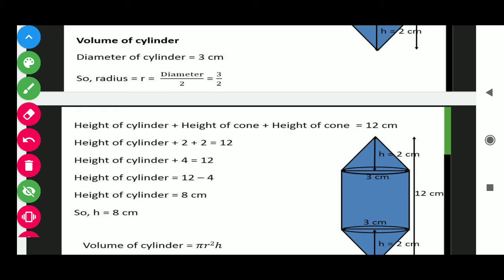By putting the values of r and h, the diameter of the cylinder is 3, so the radius must be 3/2. The height of the cylinder is given as 12 centimeter. So the height of the total solid is 12, so the height of the cylinder is 12 minus 4, by subtracting the height of the cones. In this way we get 8 centimeter.